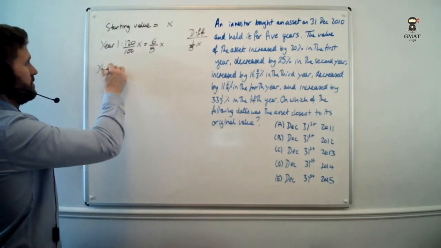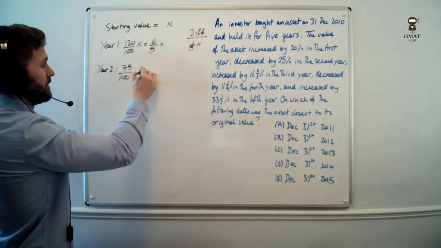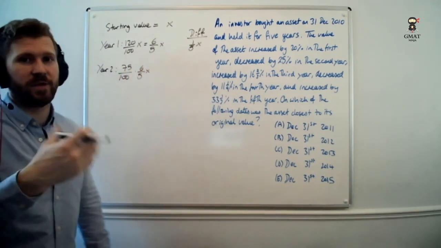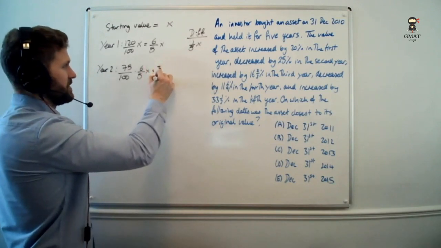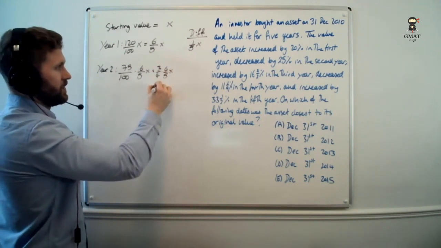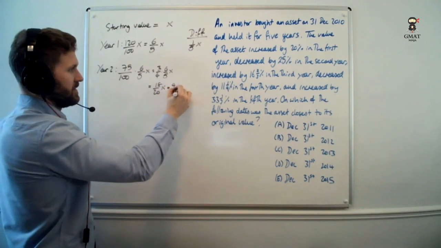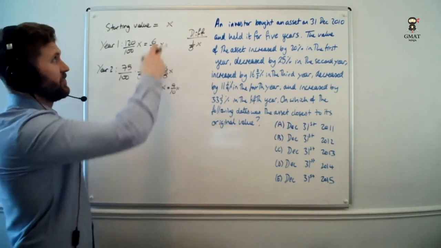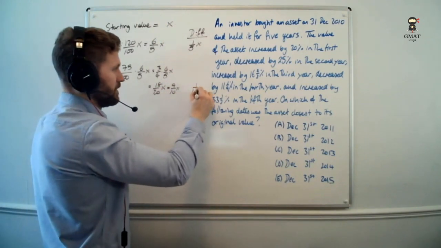So year two, I would have 75/100 times 6/5 of x, what I finished with at the end of year one. Now that simplifies to 3/4 times 6/5 times x, which will end up being 18/20 times x, or 9/10x. So the difference now between the original value and my year two value is only 1/10 of x.